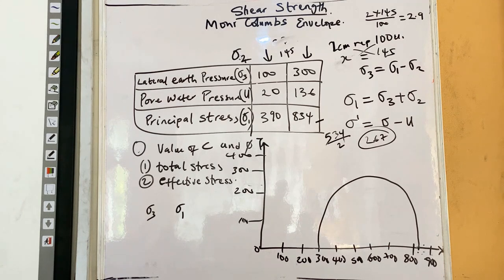Don't worry about it. This 5.6. Normally, you do that on the graph first, you calculate it. That's 2.8.